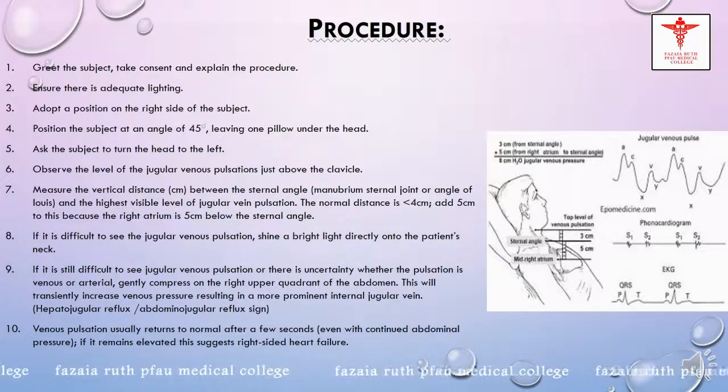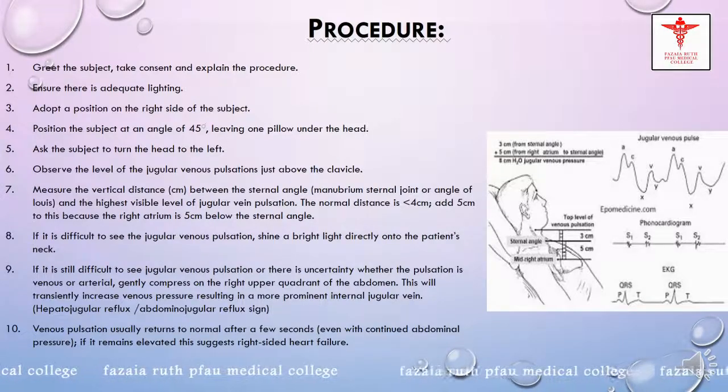Even then, if you are not able to see the pulsations, then you go to the right upper quadrant of the abdomen and press it, and then there is a transient increase in the venous pressure, which results in an increase in the internal jugular vein, and the pulsations become more prominent.